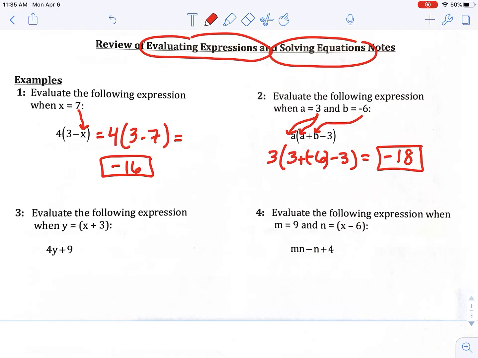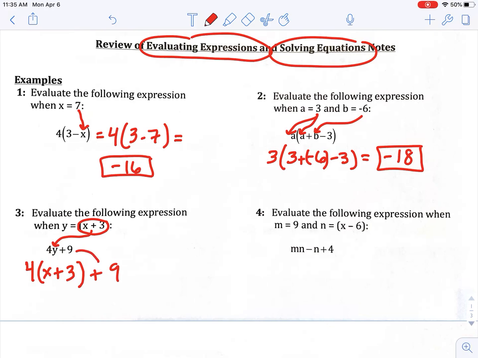Number 3. Now we're going to do evaluating when you have an expression. In this case, it's saying y is equal to this whole expression, x plus 3. So I'm going to take that whole thing and plug it in for y here. So I'll have 4, and then instead of y, I put that whole expression in parentheses.